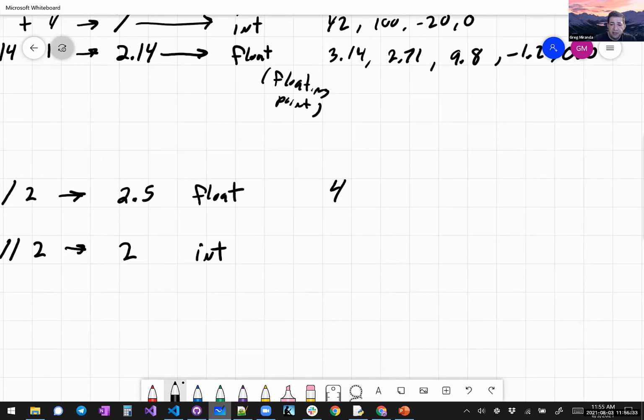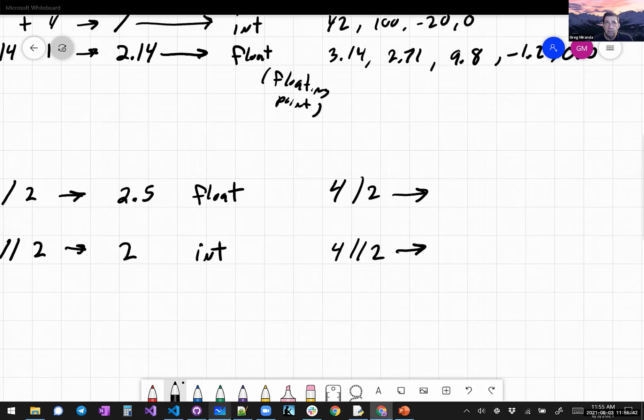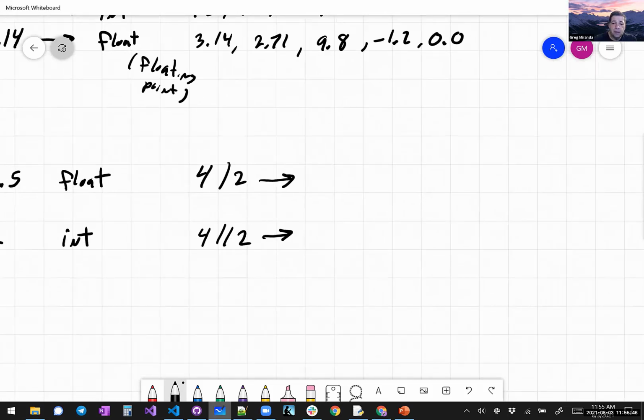What about these two? There's no decimal or remainder or anything. Both have the value of 2. But in Python, this one is 2 without a decimal, and this one is actually 2.0. So when doing regular division, we always get a floating point number.